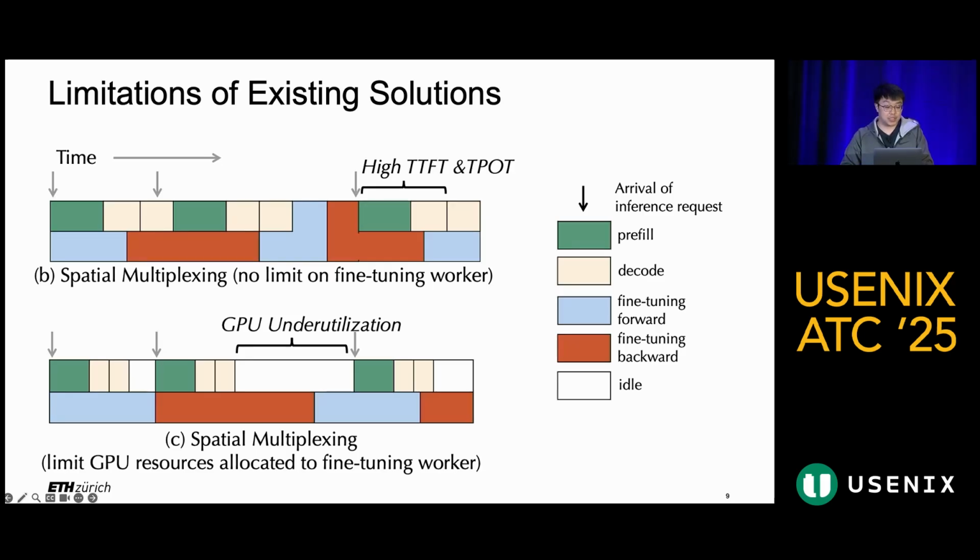But at the same time, you can limit the GPU resources allocated to the fine-tuning worker, and then you can have a good TTFT and TPOT. But the result is that there is some GPU underutilization when the inference request load is not that high.